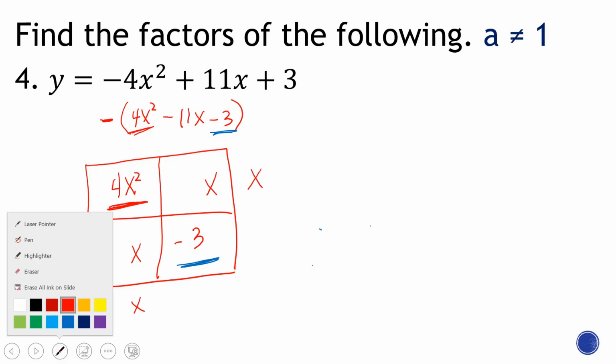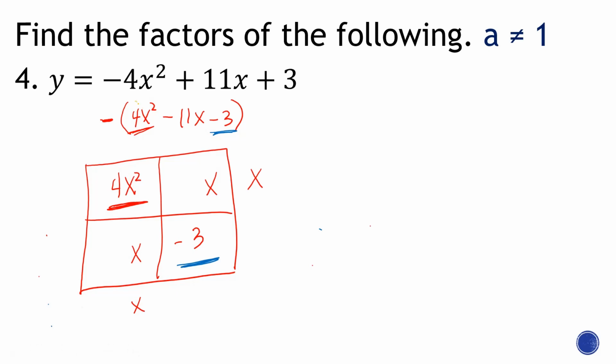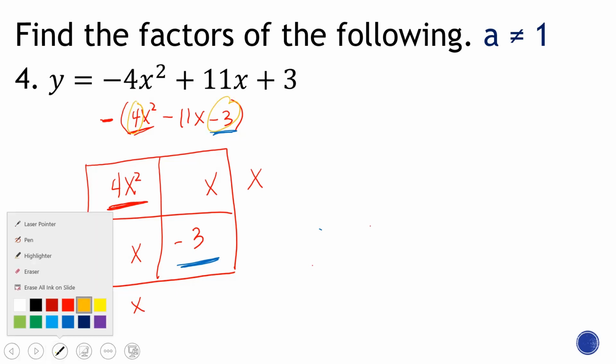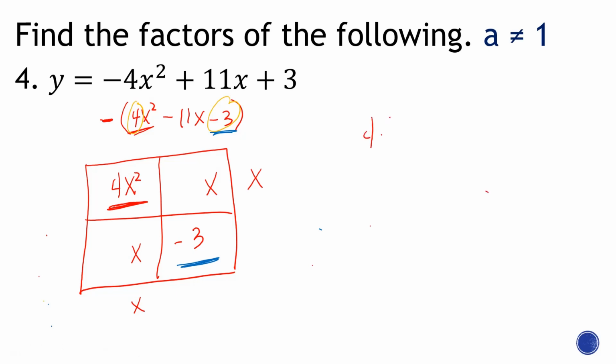Okay. Next we will multiply this 4 and negative 3. It's still 12. 4 times negative 3. That's negative 12. Okay. Now find the factors of negative 12, two numbers that have a product of negative 12.